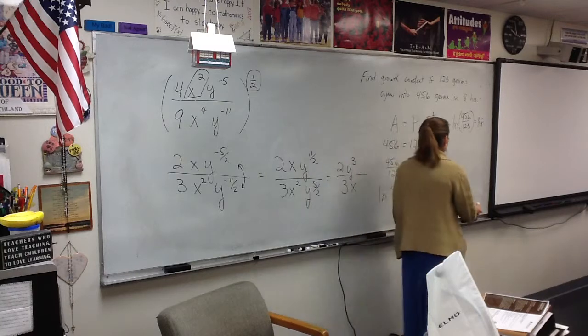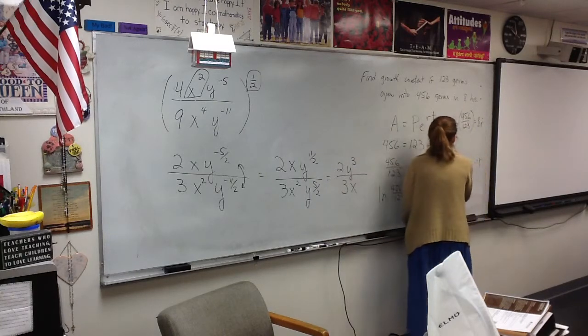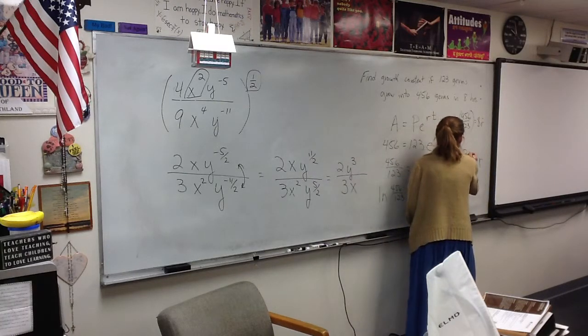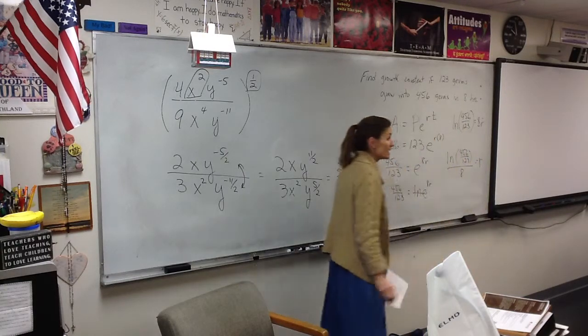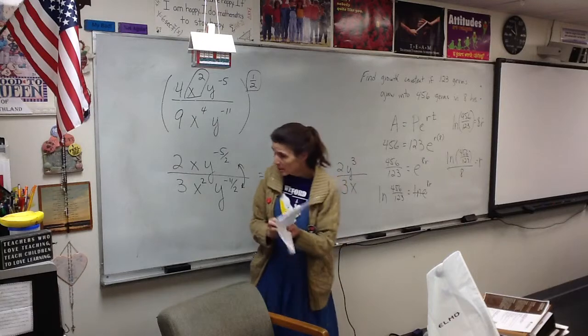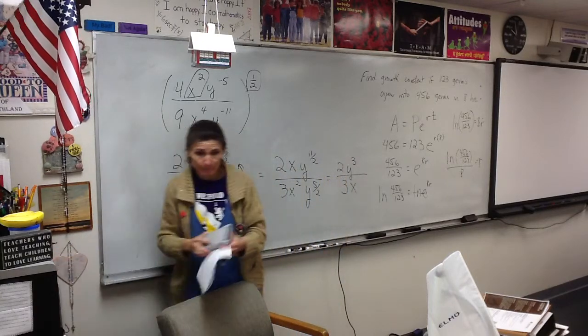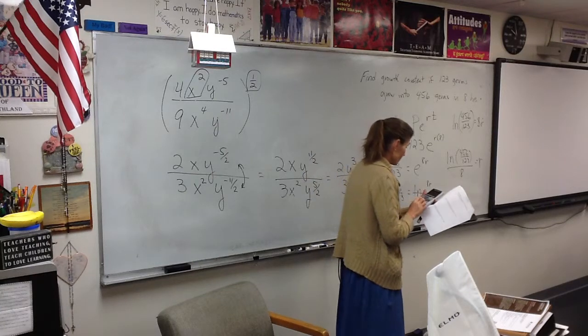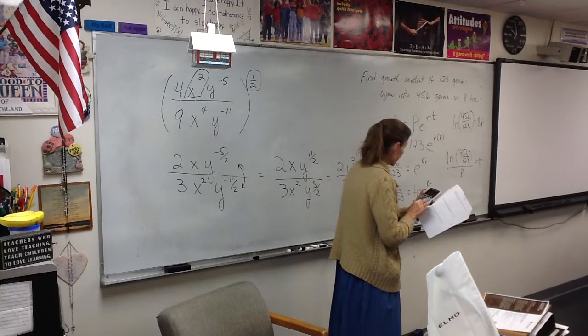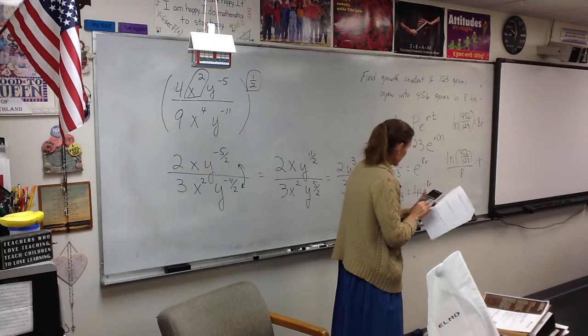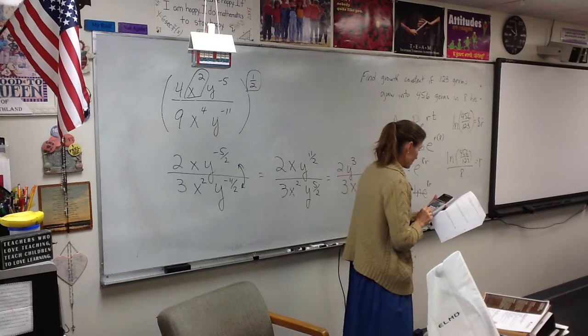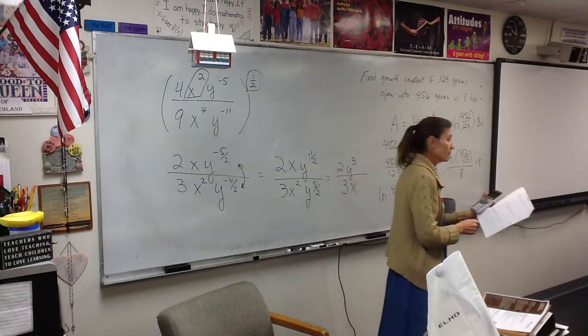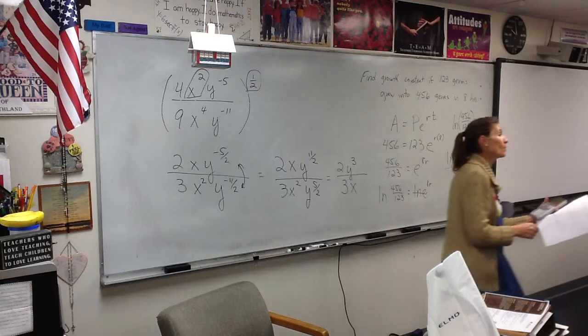So all we have to do is take the natural log of 456 over 123 and divide that by 8. Bryce, would you do that with me to make sure we get the right answer? What'd you get? Yes, you are right.